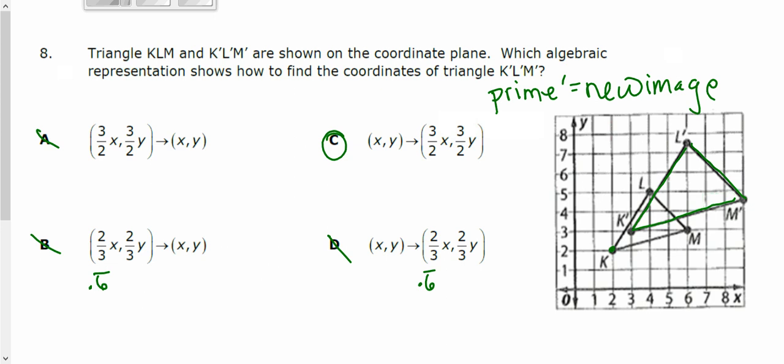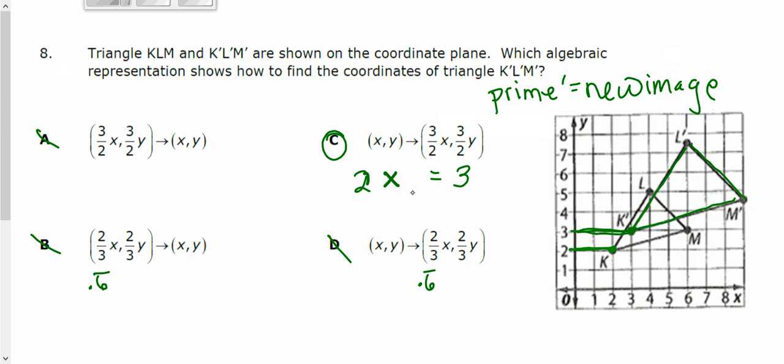Okay, so this time we might not have been able to count as well, but I can see that 2 here for K, so I'm looking at this y value. This same point, when I multiply by a scale factor, ends up at 3 on my y value. So 2 times something is giving me 3. Well, since we've learned equations, I could also replace that with x.